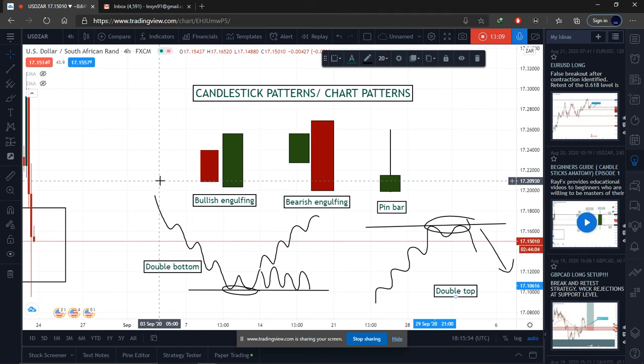From Monday onwards, we'll start analyzing the markets, and what I'll do is send a video. I'll send a couple of market pairs to you guys for you to analyze based on support and resistance and this kind of pattern that I showed you, and then give us a forecast.